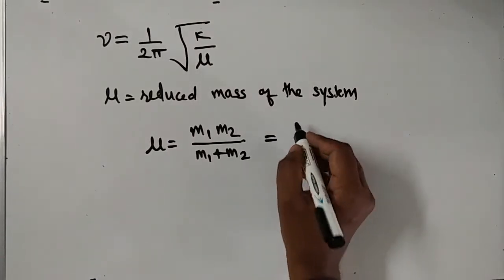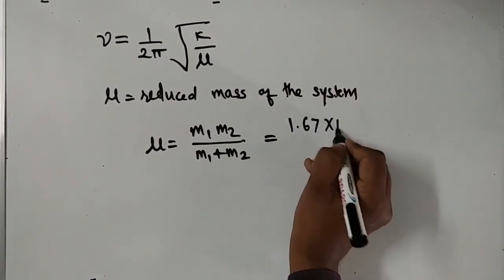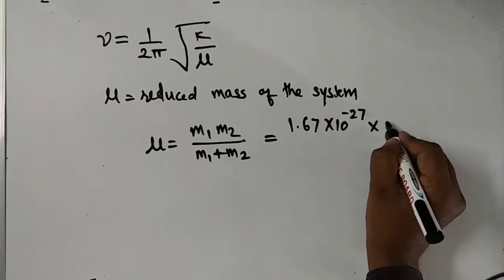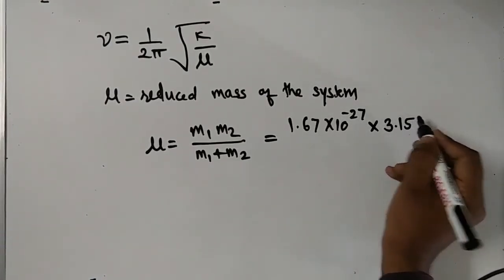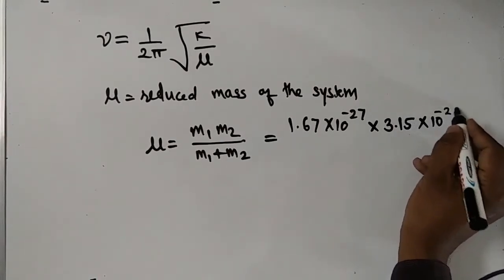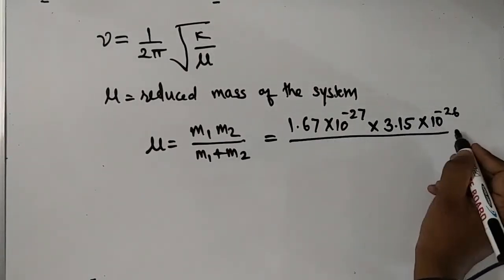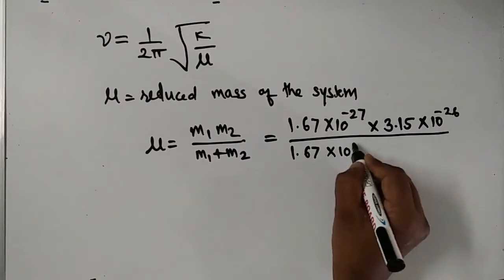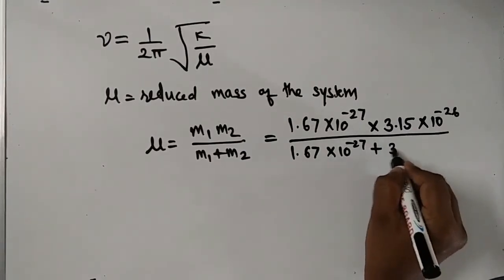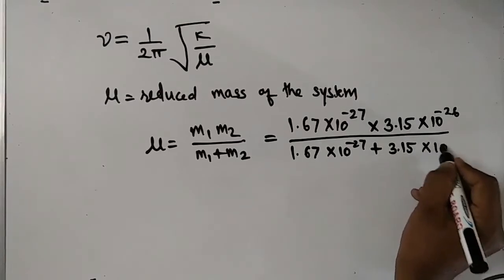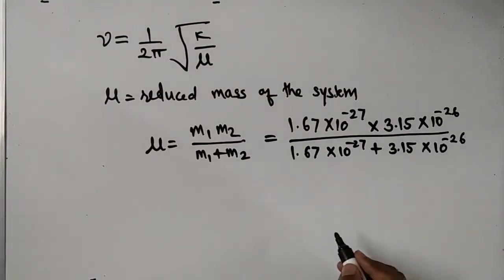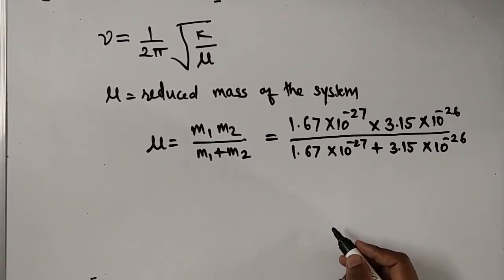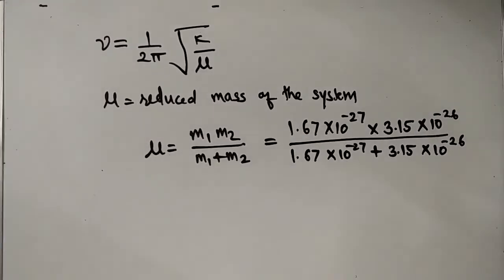M1 is the mass of hydrogen atom, 1.67 into 10 raised to minus 27 kilogram, into mass of fluorine, 3.15 into 10 raised to minus 26 kilogram, divided by 1.67 into 10 raised to minus 27 plus 3.15 into 10 raised to minus 26, right?